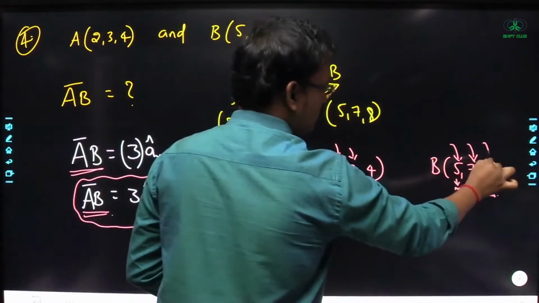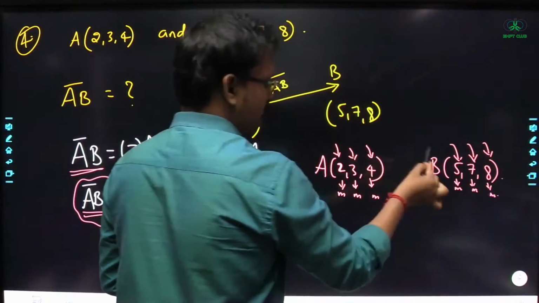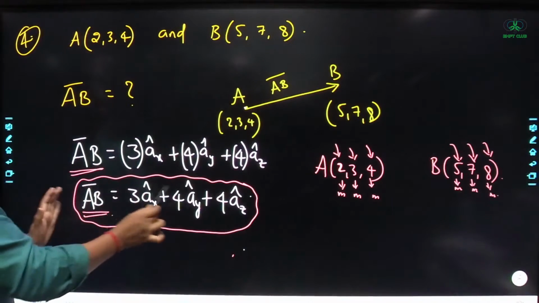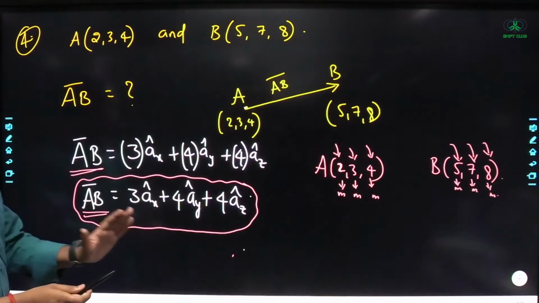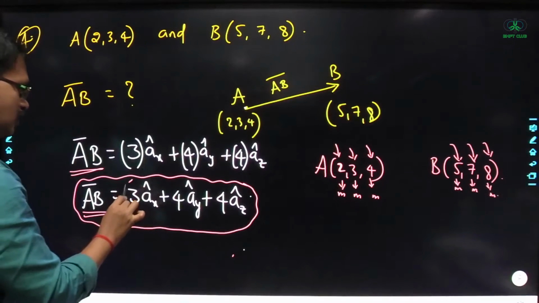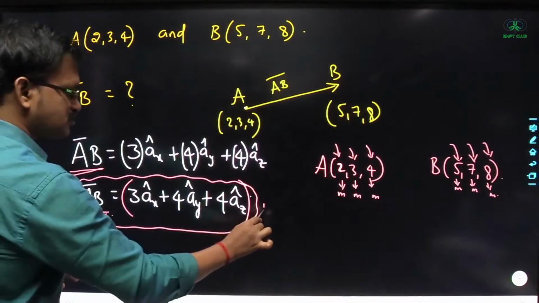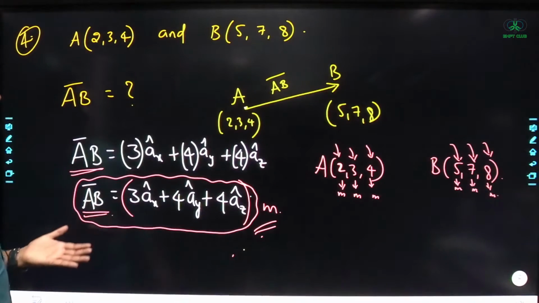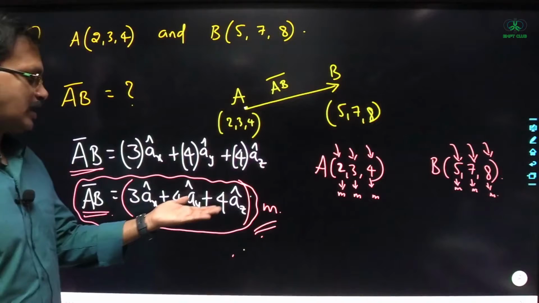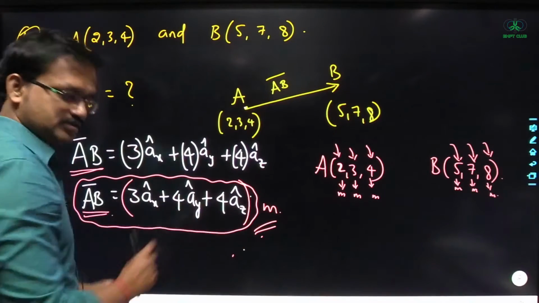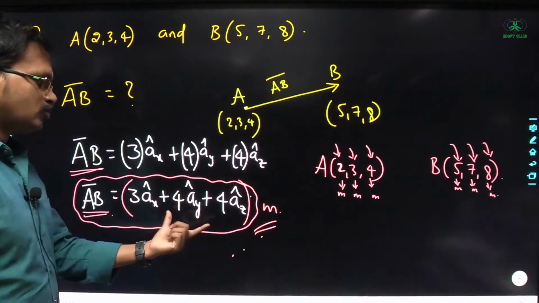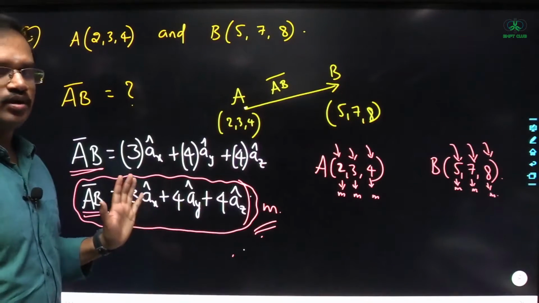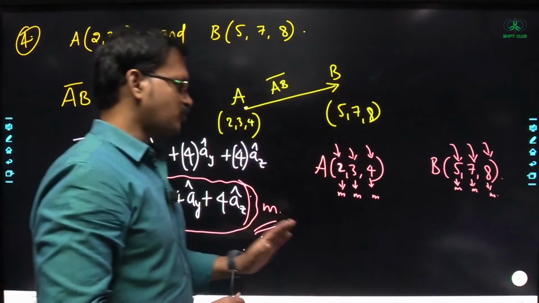That's why we represented AB bar in a simple manner like this. The overall unit of AB bar is also meters. So AB bar is equal to 3ax cap plus 4ay cap plus 4az cap meters. It is going to have both magnitude as well as direction, but that is a different story. So keep this point in mind.